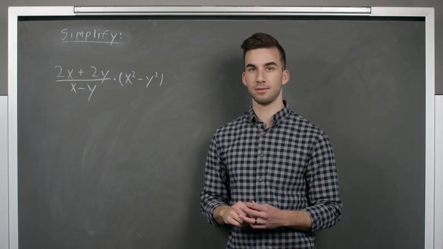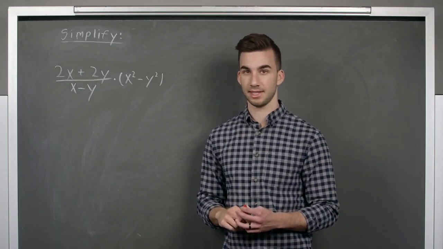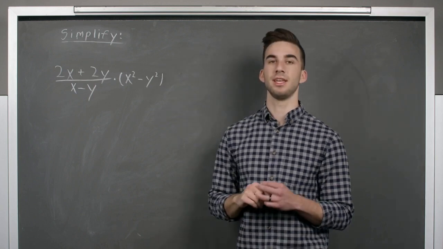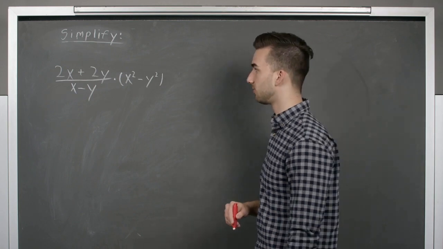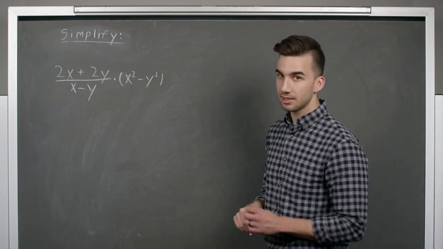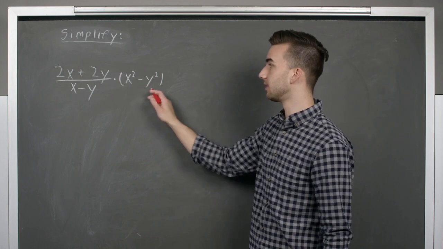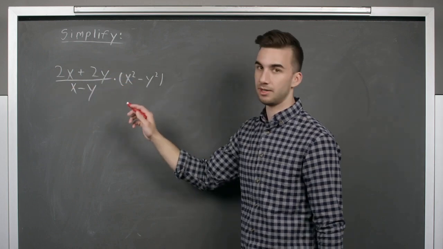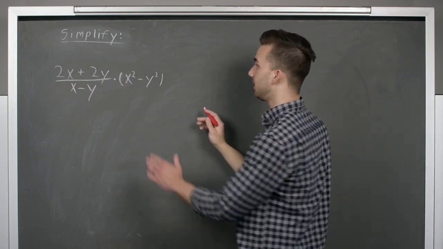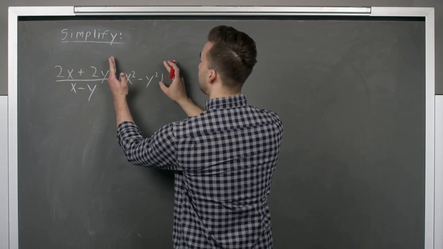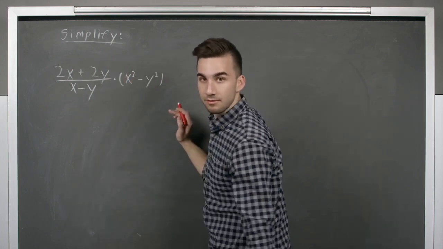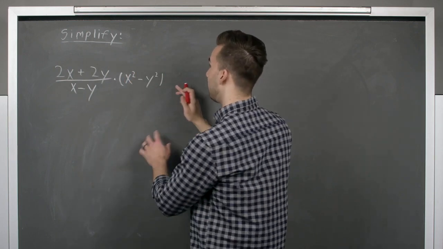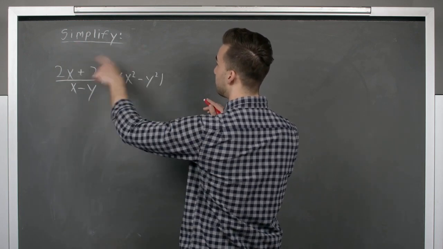In this example, we can use factoring to simplify the expression even more than just basic multiplication. If you'll notice, we have a difference of squares expression here inside of our whole expression. So what we need to do is just think about this as its own problem, factor that, and then address the entire expression.